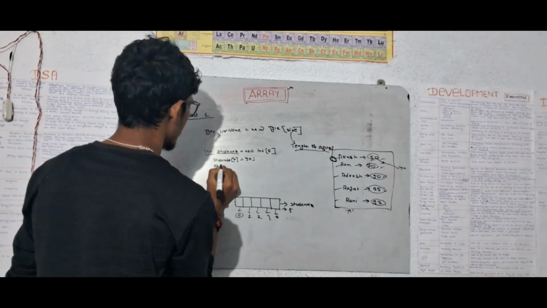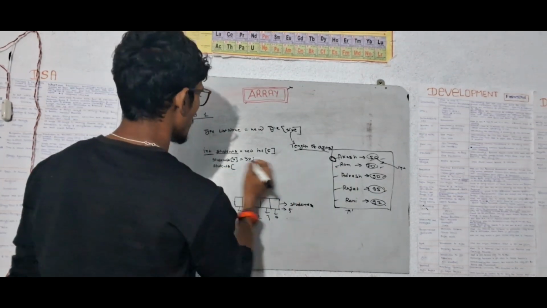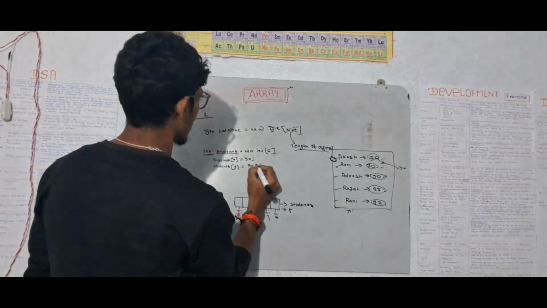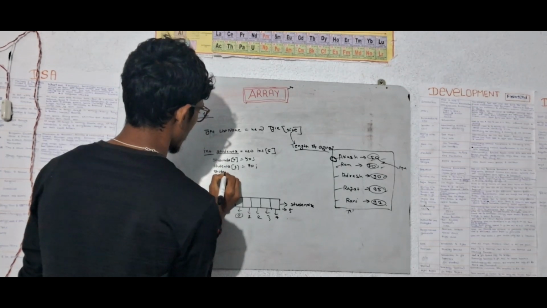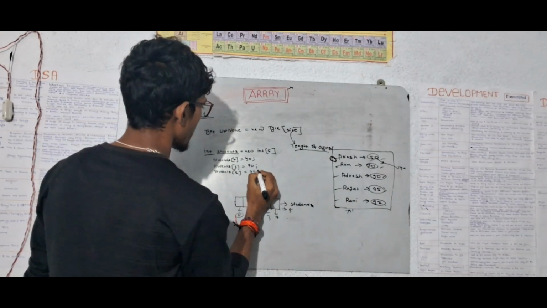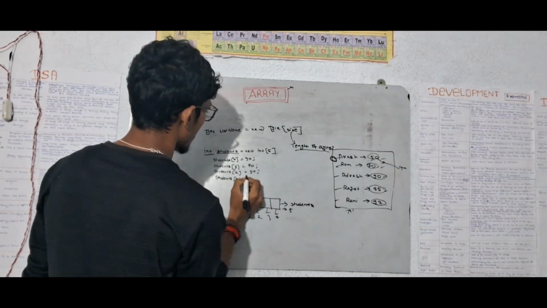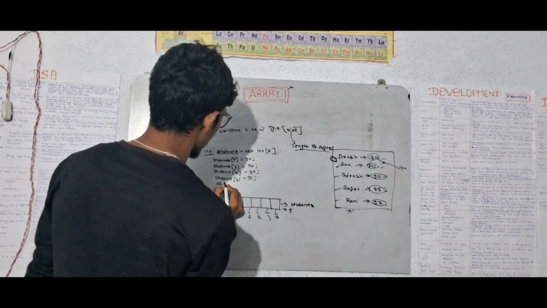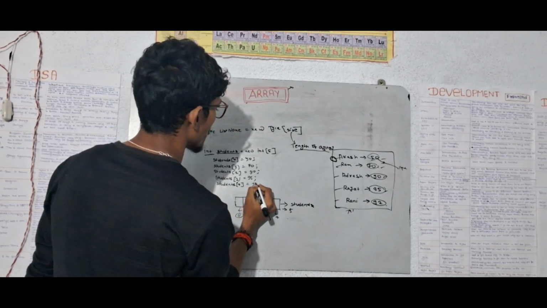And again the student at index 1, and its score is 70, and student 2 is 90, student 3 is equal to a score of 95, student 4 is 92.